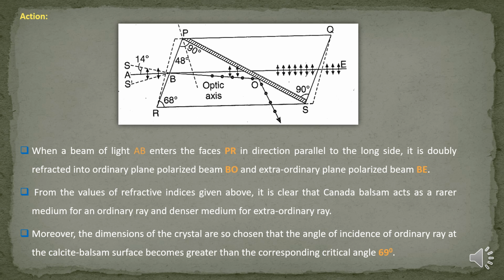Moreover, the dimensions of the crystal are so chosen that the angle of incidence of the ordinary ray at the calcite balsam surface becomes greater than the corresponding critical angle, 69 degrees.